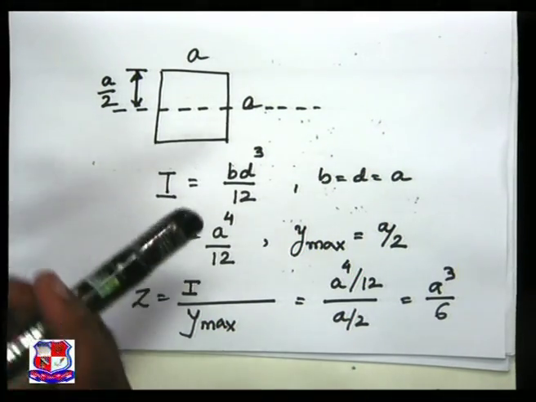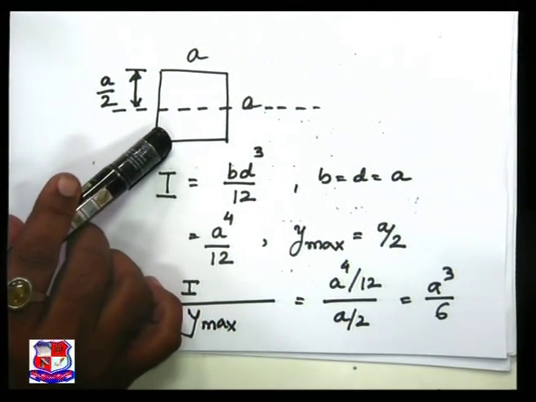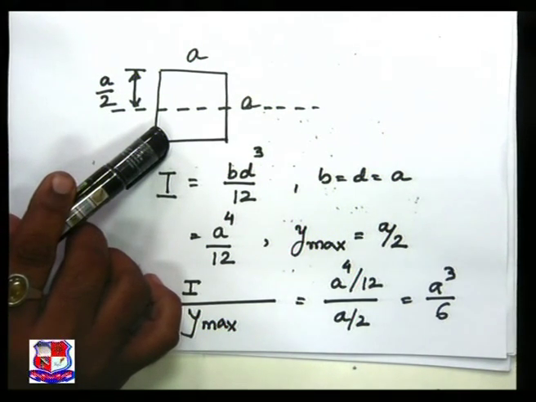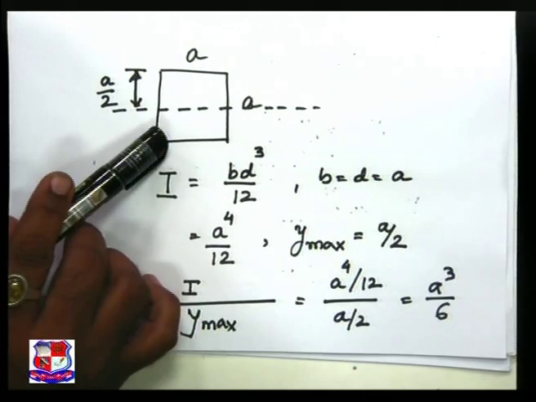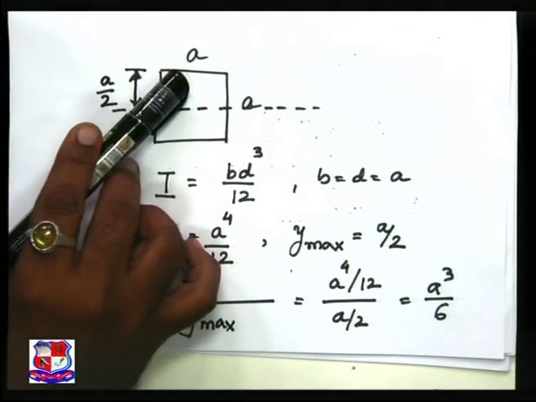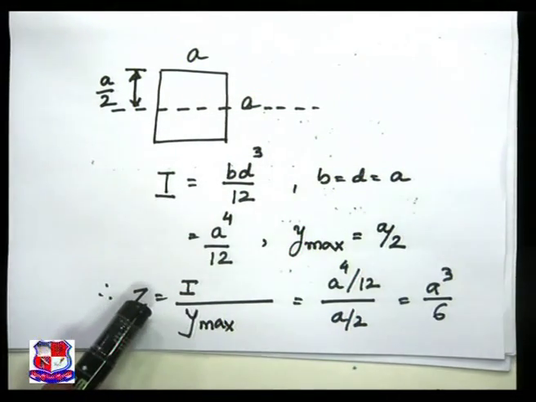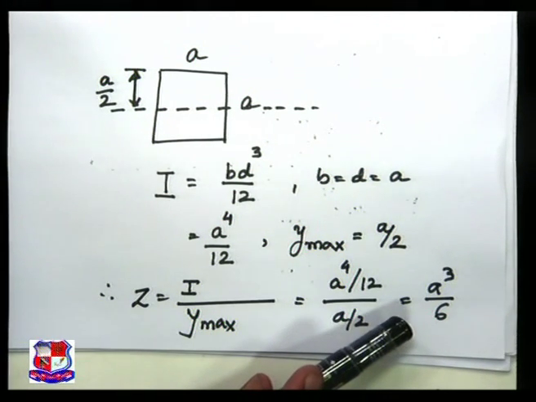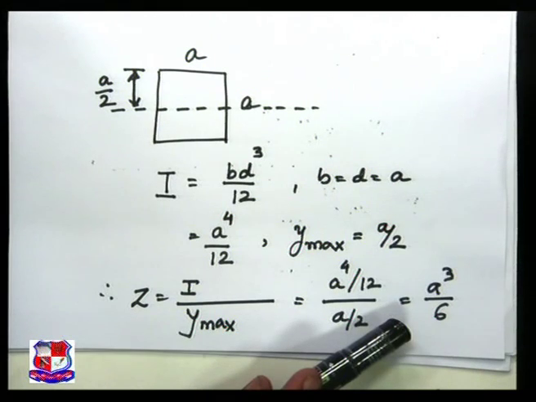So now you can visualize that for a given square section of side a, the section modulus Z is equal to a cube by 6.